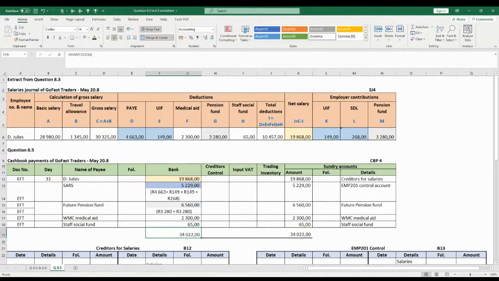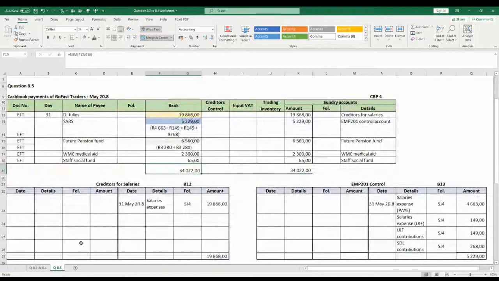Now the next step they said is, now you've recorded each of the separate entries in your cash book payments, but now we have to take it to our general ledger accounts. I've already left the information that we completed in 8.4 in here. The first thing we've paid is creditors for salaries. When we pay that creditors for salaries account, we have to debit it.